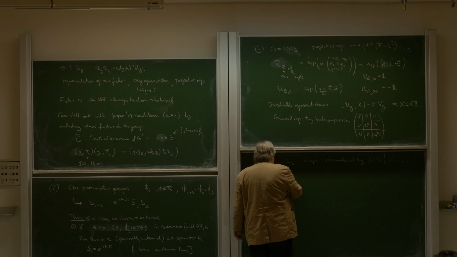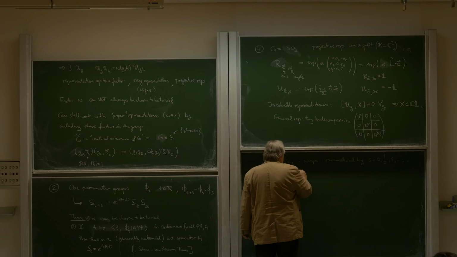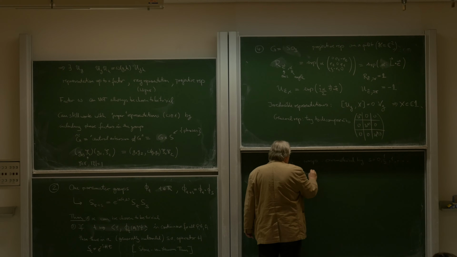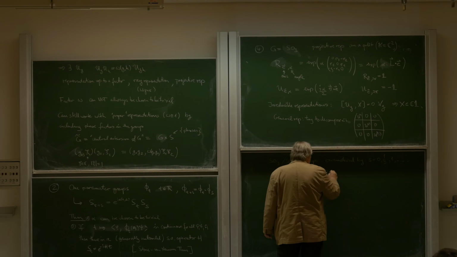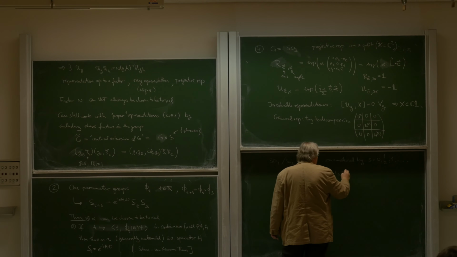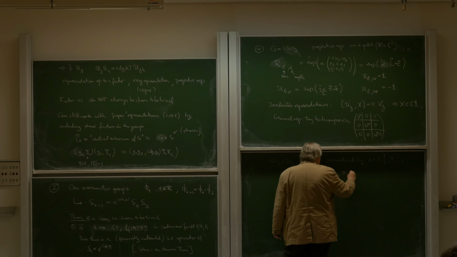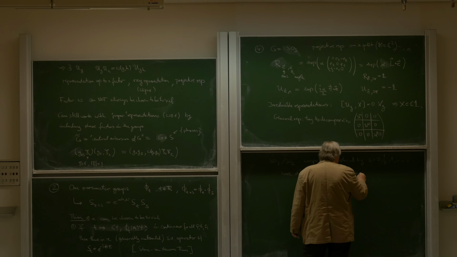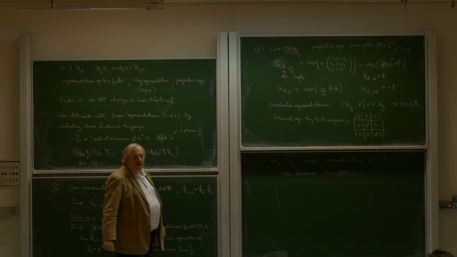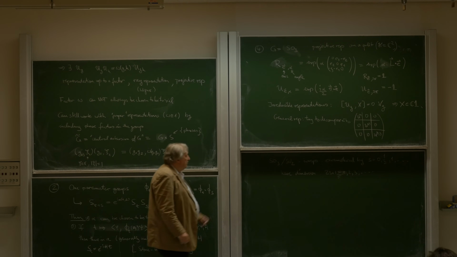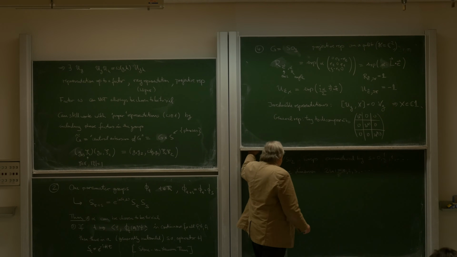They have dimensions 2S plus 1, which then runs from 1, 2, 3, and so on. So here the odd dimensions belong to integer spin, and the even dimensions to half-integer spin.